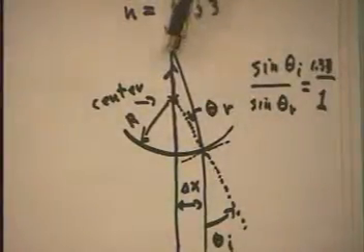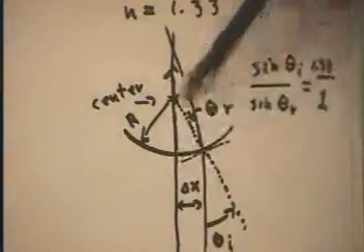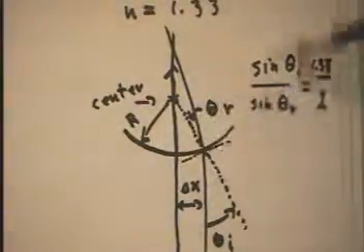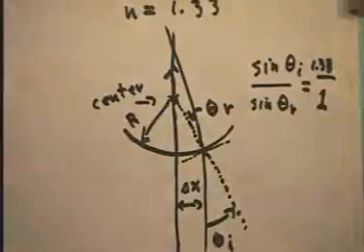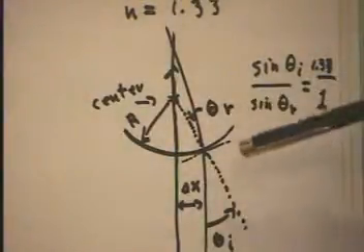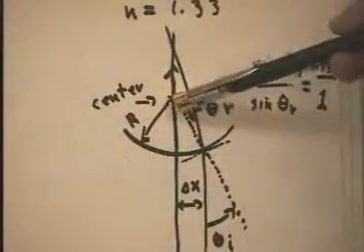And we're going to try to determine exactly where this thing crosses the central ray, assuming that it crosses inside the sphere. It's going to turn out that for 1.33 index of refraction, it doesn't stay inside the sphere, and we've observed that anyway. The center of the circle is here.